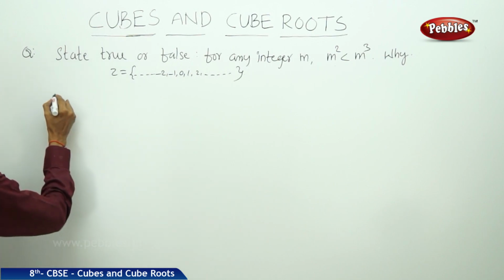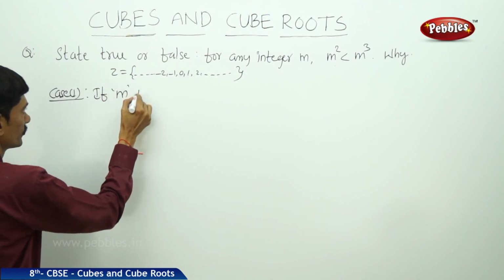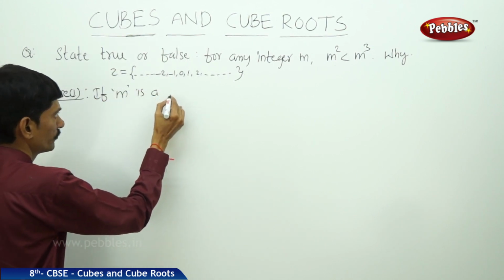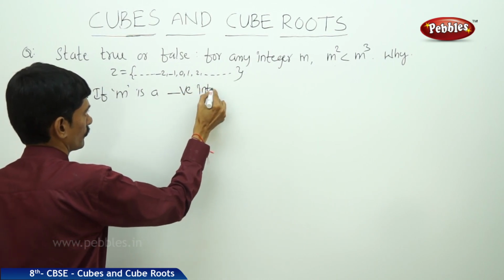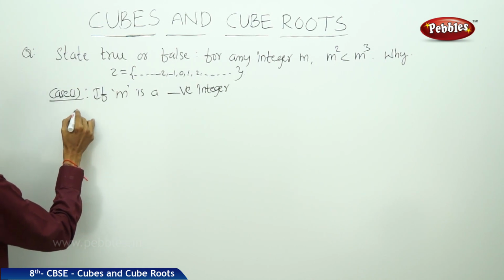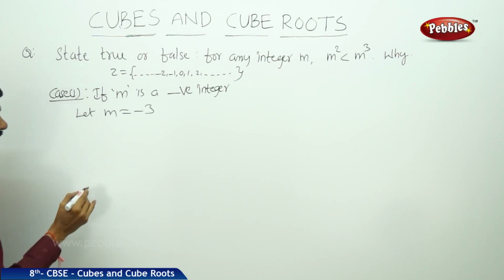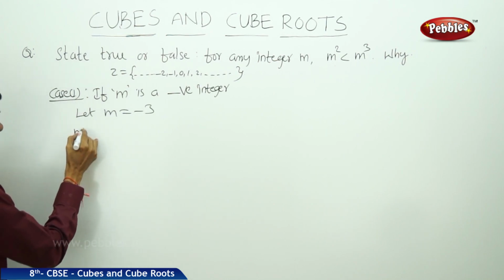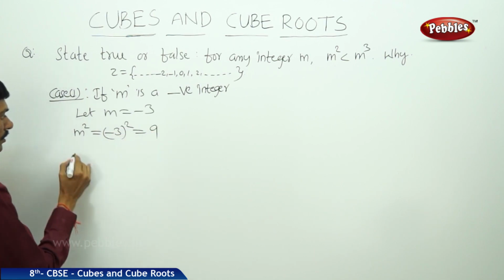Now case 1, if m is a negative integer. So let us take any negative integer for m. Let m equal -3. Then we will find m square. m square equals -3 whole square, which equals 9.